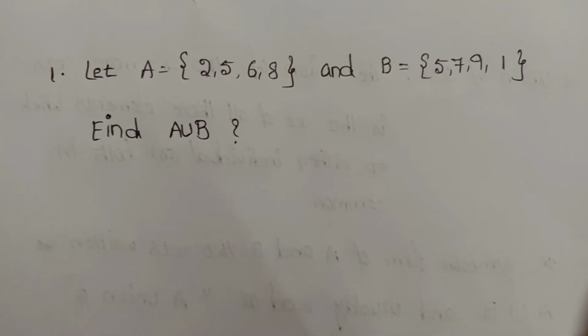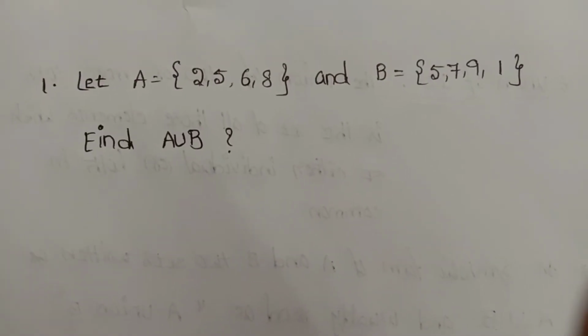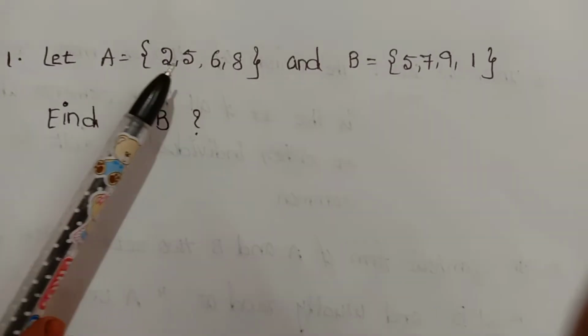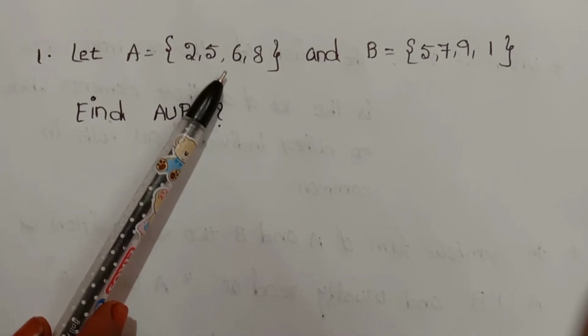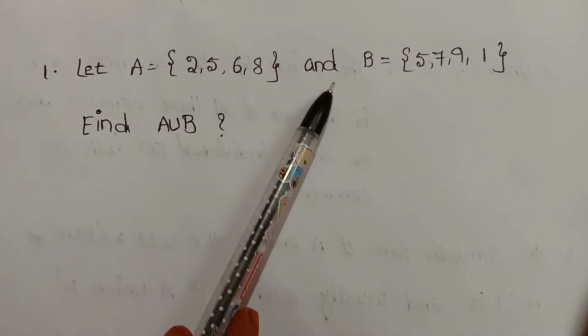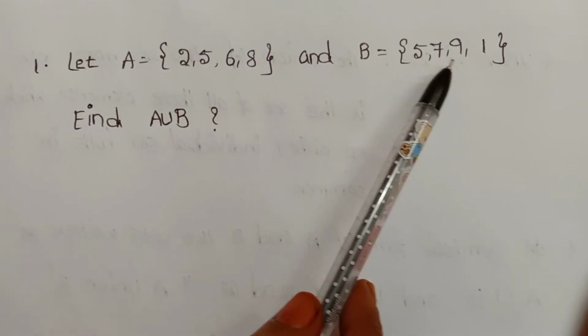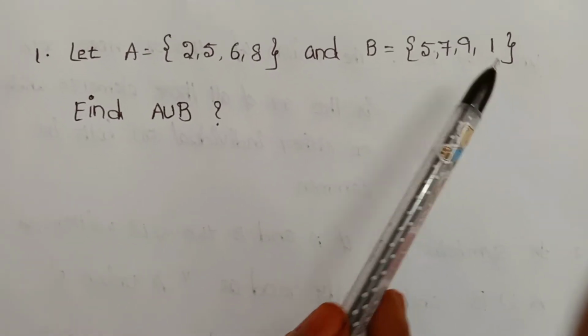Now I will explain about union of sets with the help of an example. Let A is equal to {2, 5, 6, 8} and B is equal to {5, 7, 9, 1}.